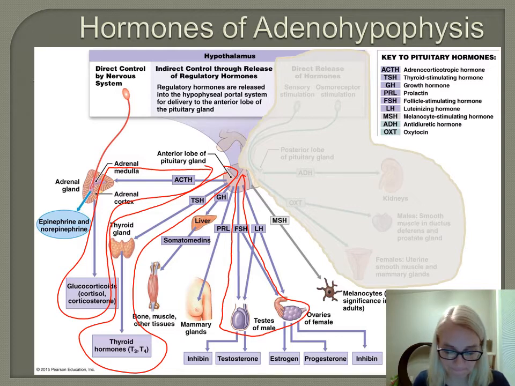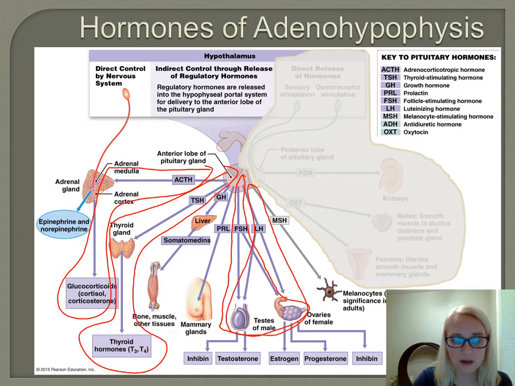Okay. All right. Luteinizing hormone is the other gonadotropin, so we're going to cross paths over here. So luteinizing hormone in females targets the ovaries and triggers ovulation and the production of the corpus luteum, which leads to progesterone secretion.